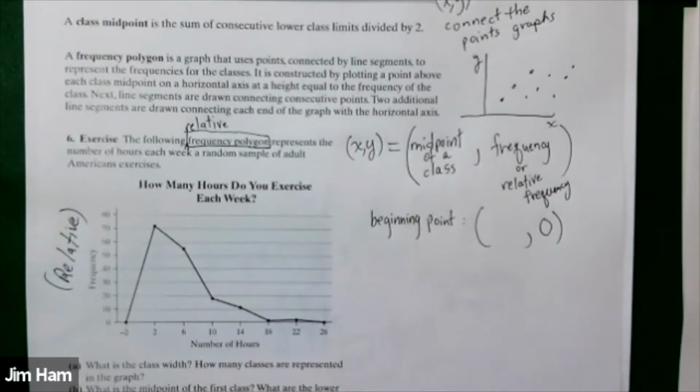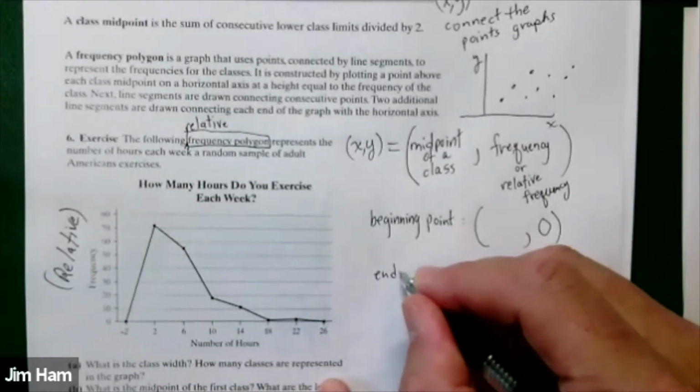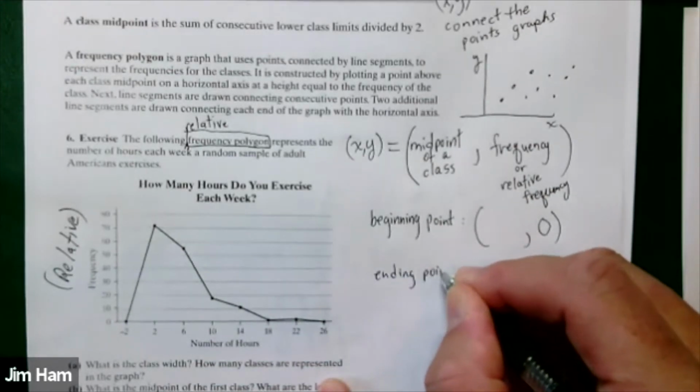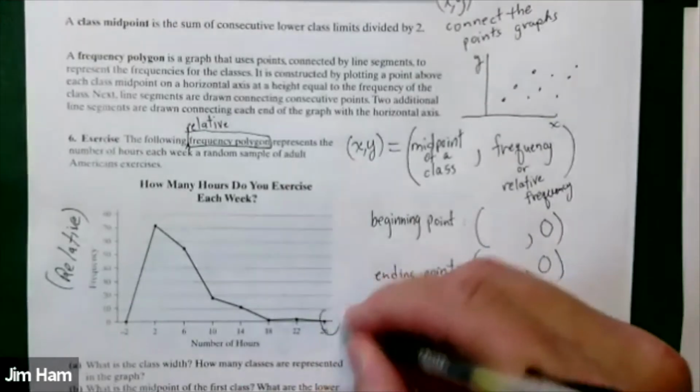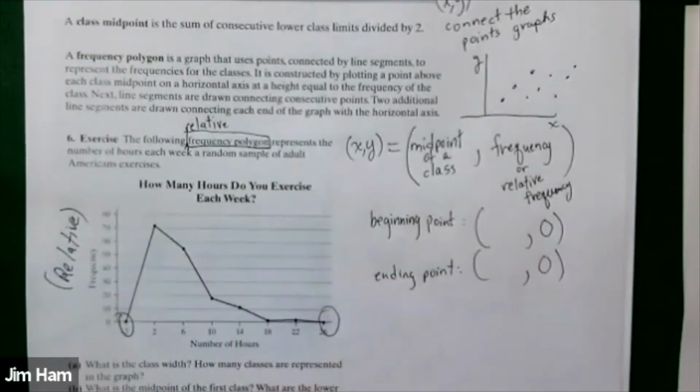And that puts the first point on the x-axis. The ending point is also going to be a point on the x-axis. That's this point and this point. Those are not actual points that make up classes, but those are always points that we add at the end of the graph so that we can always start on the x-axis and end on the x-axis.